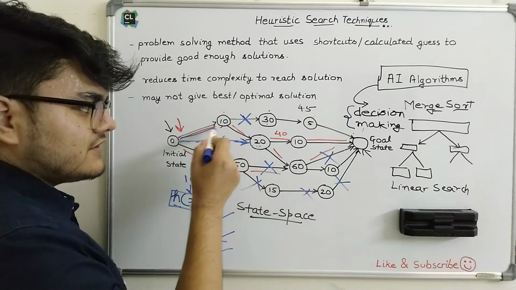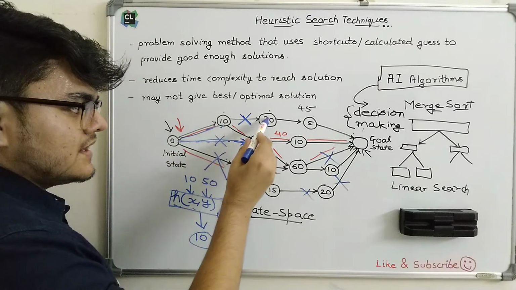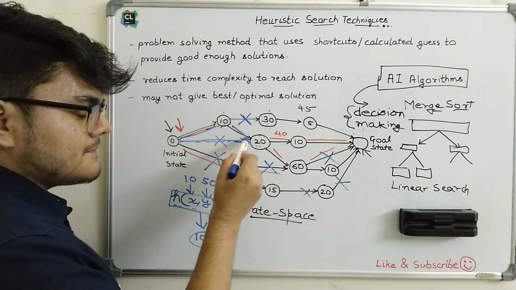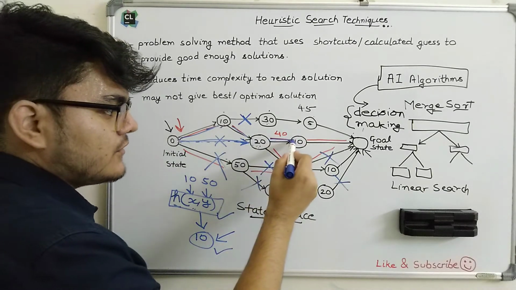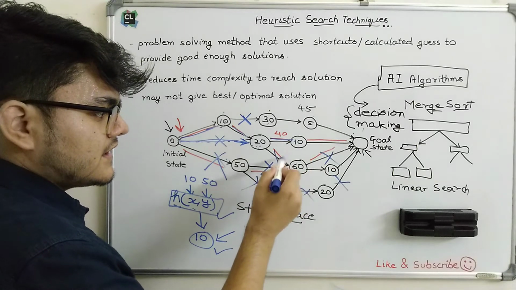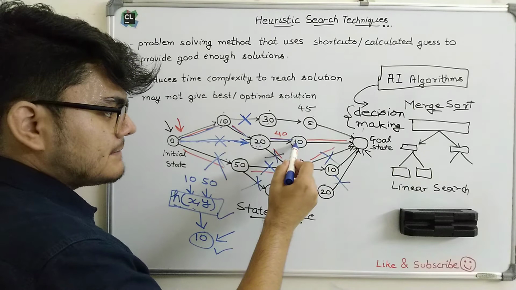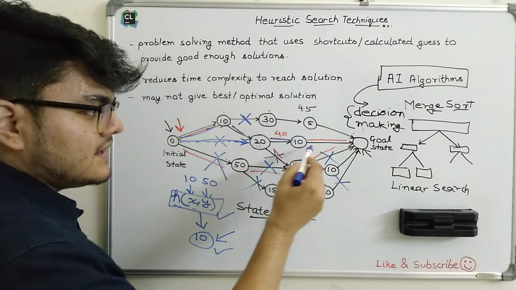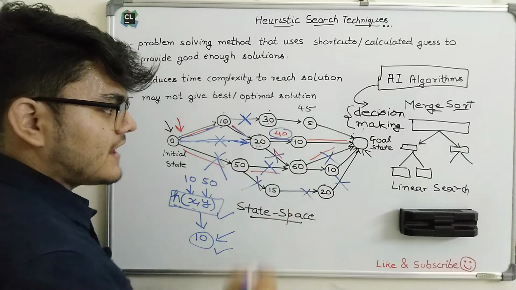It will go from 0 to 10, ignore 30, and go here. So 10 plus 20 will be 30. Then it will go here and ignore the path with 60. So 10 plus 20 plus 10 gives me 40. And finally you will be able to reach here, right? So 40 is the value it finds.